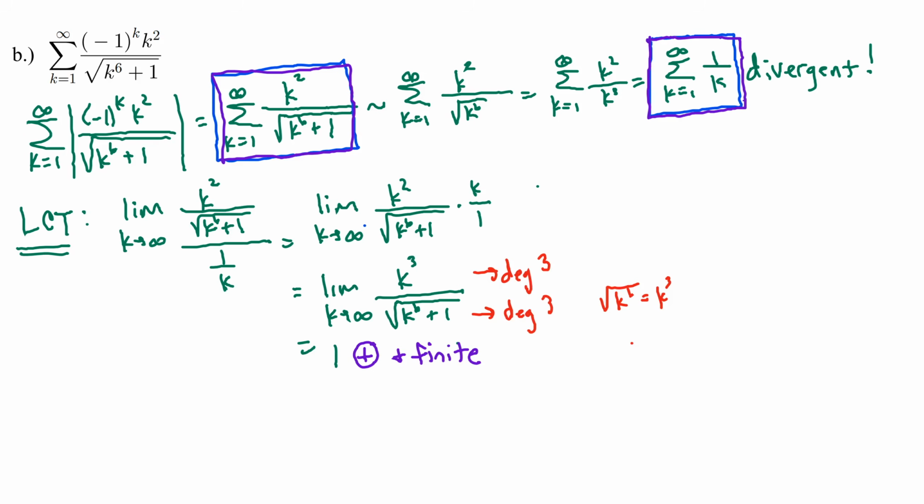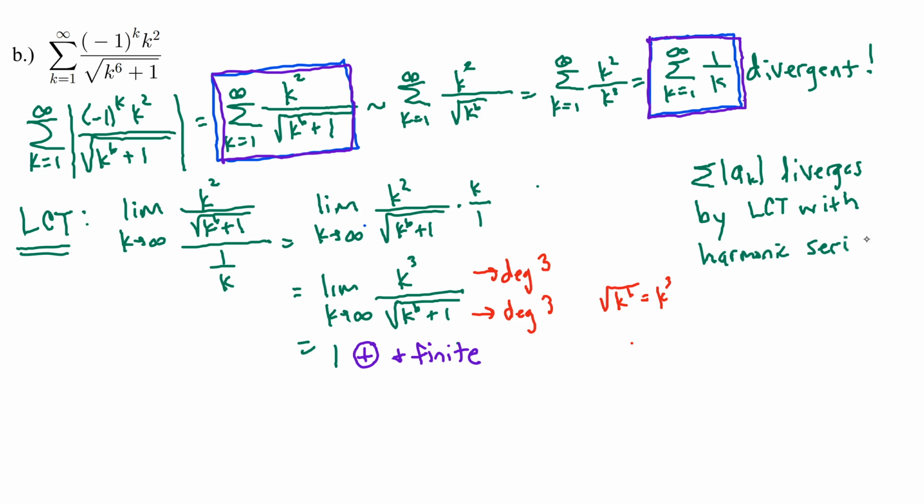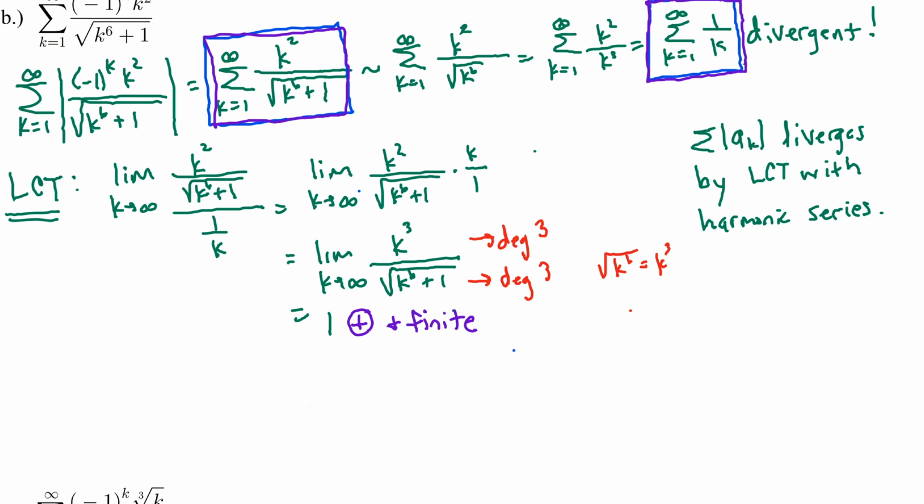So we can say that the absolute value form of this series diverges by limit comparison test with the harmonic series. So at this point, we can rule out absolute convergence. It's kind of a bummer whenever you find out that the absolute value form diverges, because that means you need to test for conditional convergence.